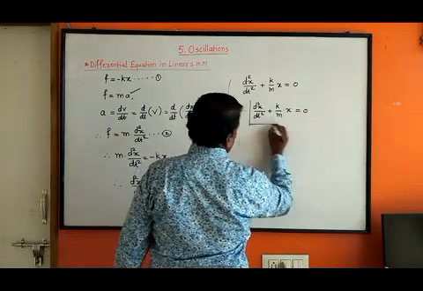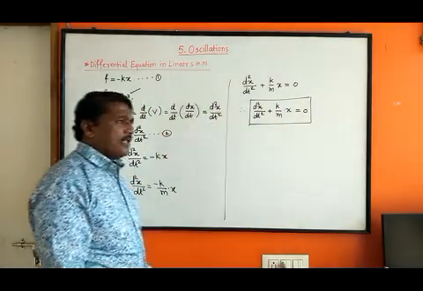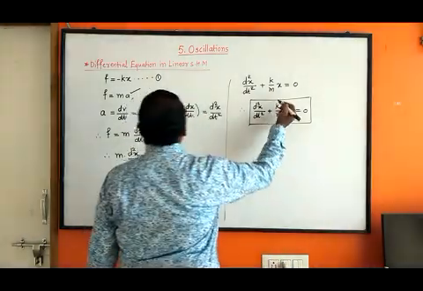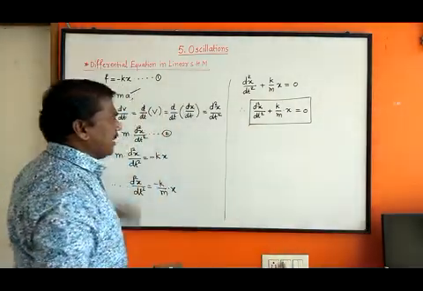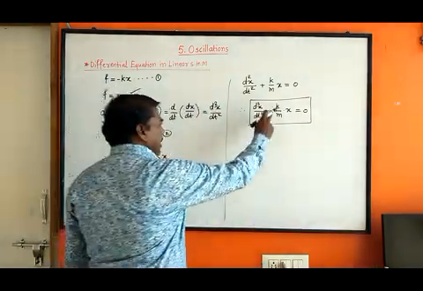This is called the differential equation in linear system, where k by m is constant, because k we have already discussed as force constant and m is mass, which is also constant. So k by m is also constant.